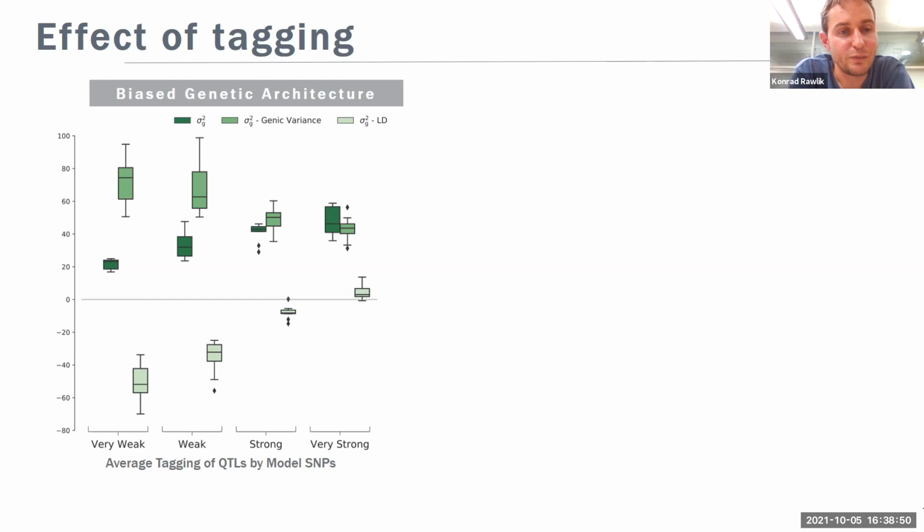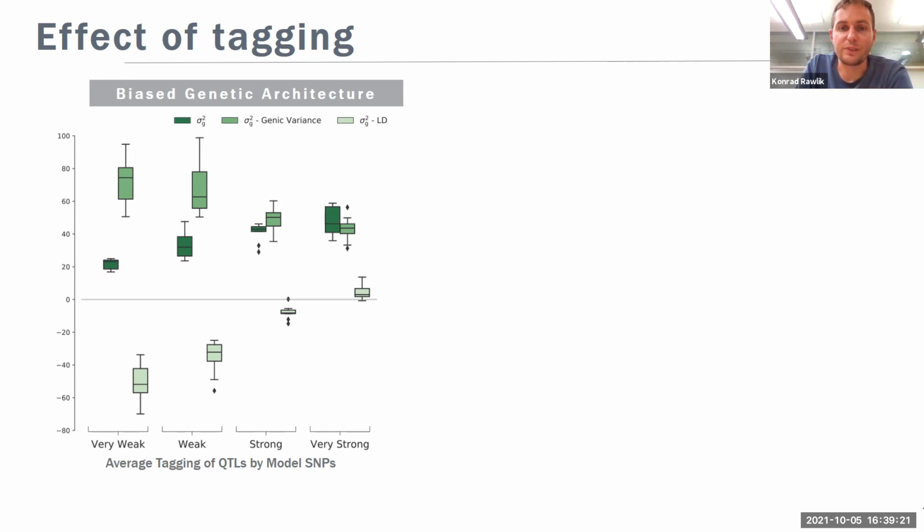For very weak tagging, you have a genetic variance which actually overestimates the captured genetic variance, and you have a negative LD contribution. Whereas in the very strongly tagged QTLs scenario, the genetic variance captures essentially the entire genetic variance, and there's very little contribution due to LD.